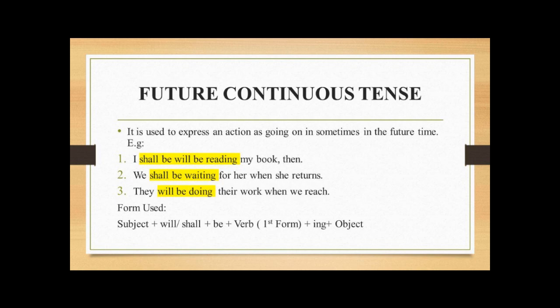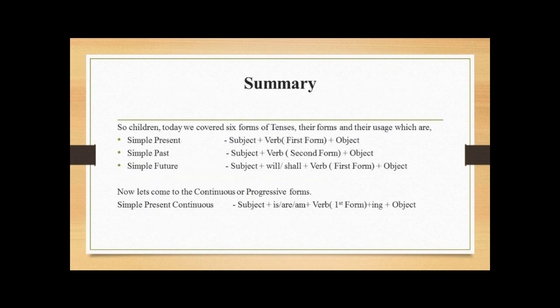The form used is subject plus will or shall plus be plus first form of the verb plus ing plus object. Remember, in continuous tense, it is always ing with the verb.